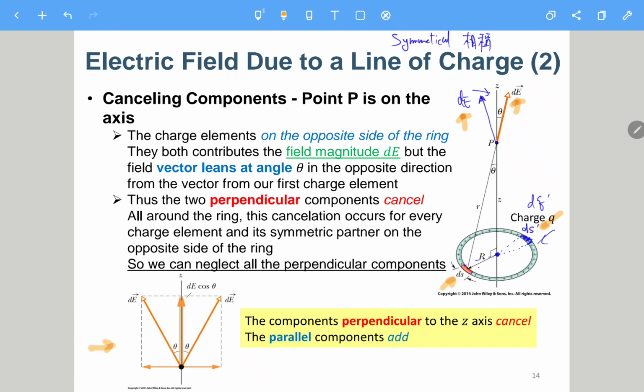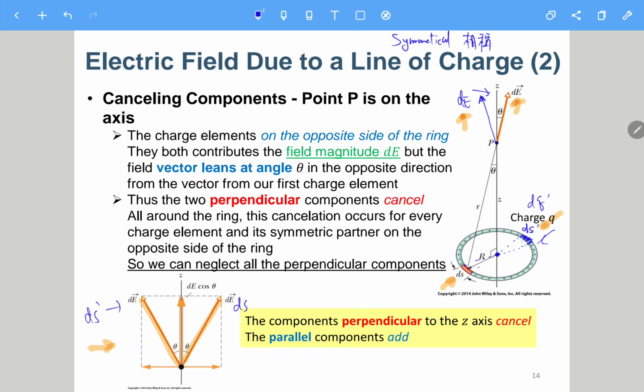On the bottom left corner, you can see this figure. This dE is generated by ds, and this dE is generated by ds prime. This is from ds prime. This is from ds. They should have the same magnitude, although they point in different directions.